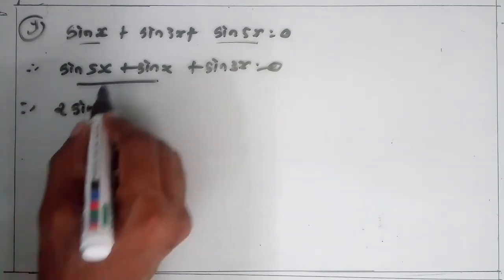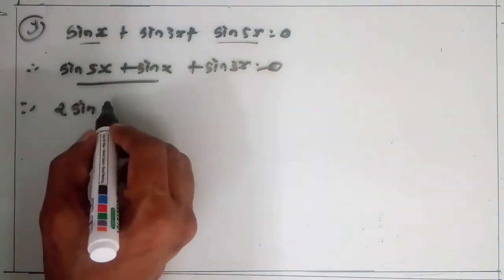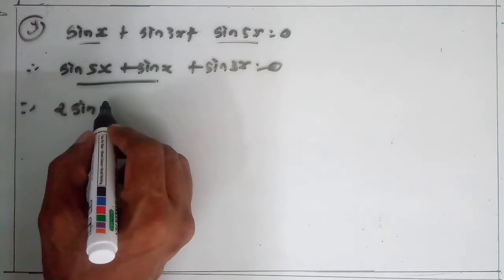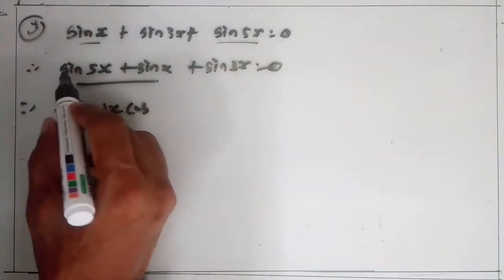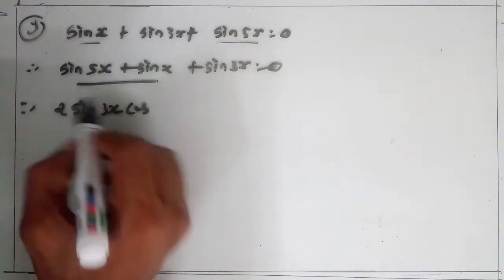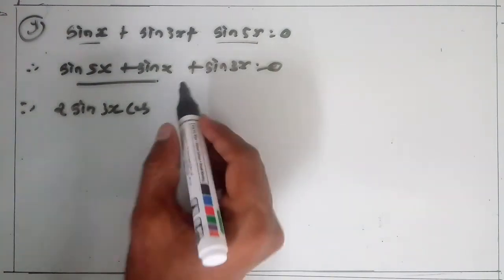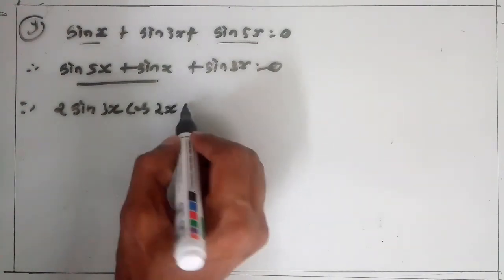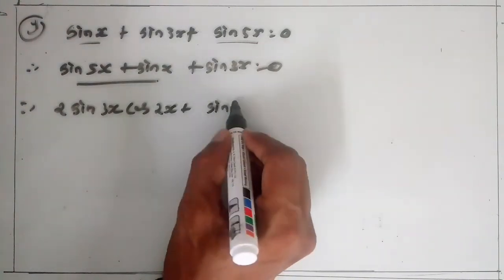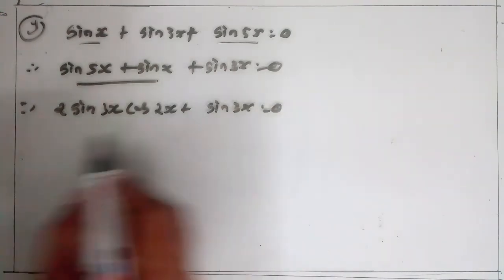So 2 sin, take addition of these 2, divide by 2, 6x upon 2, that is 3x, into cos, subtraction of these 2, 4x by 2, that is 2x, plus sin 3x is equal to 0.